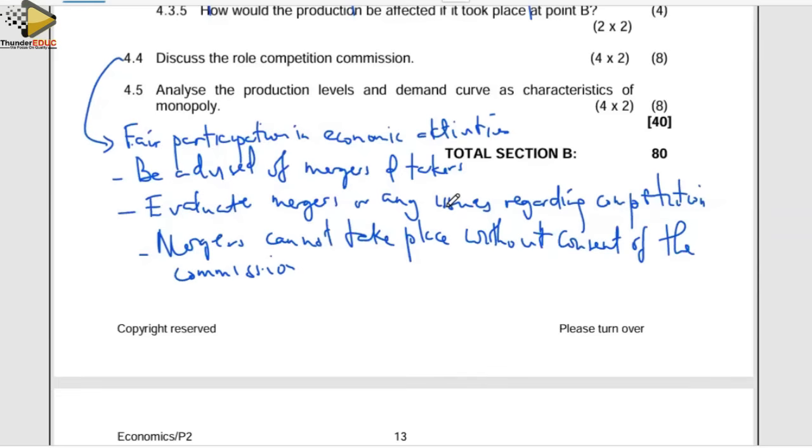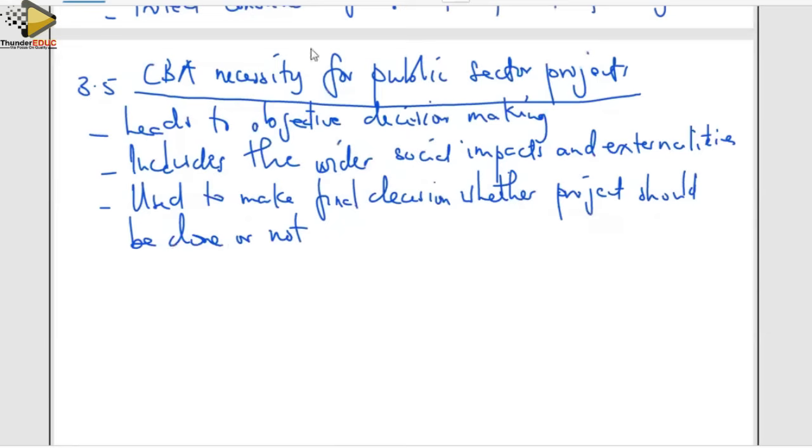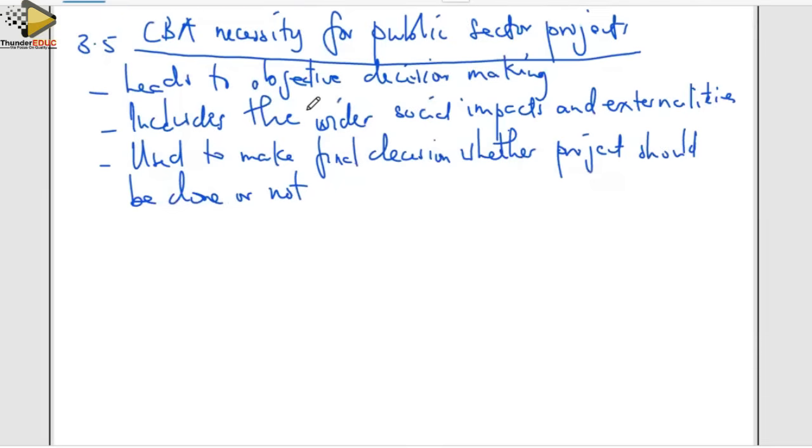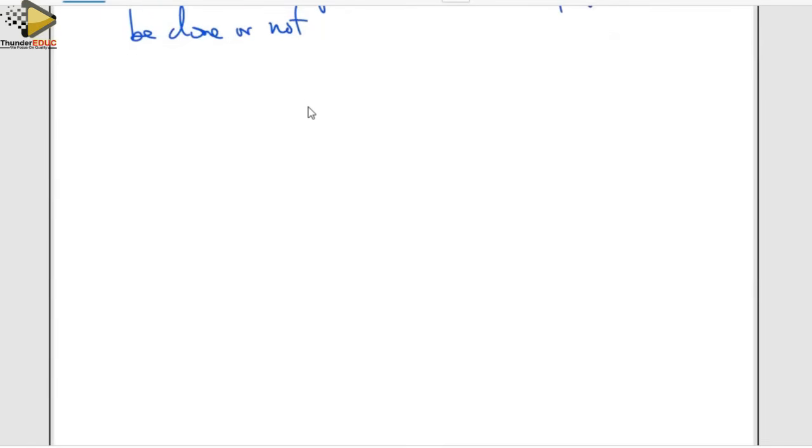So we're looking at production level and demand curve. We are going to look at it on a different page, that is page 4.5. We are going to analyze the demand curve and also production levels.